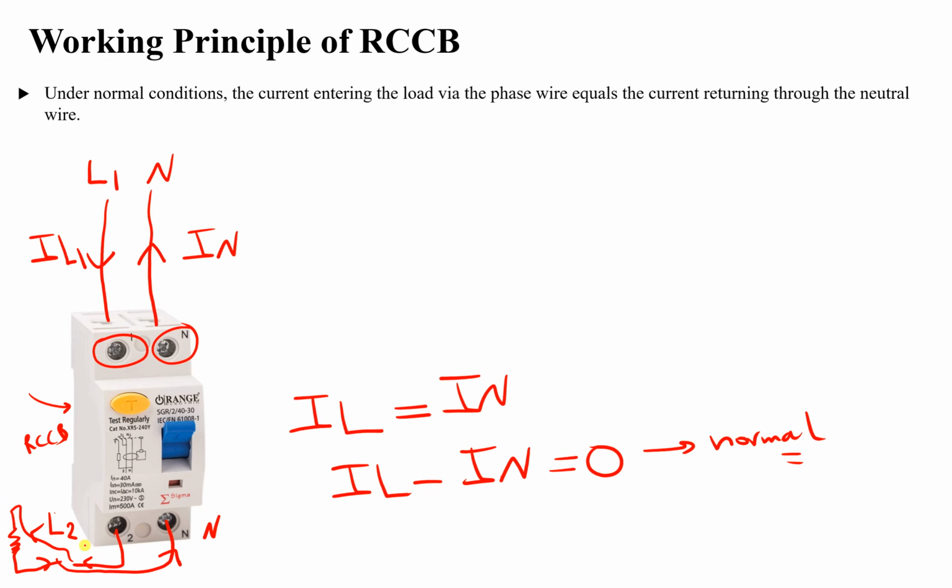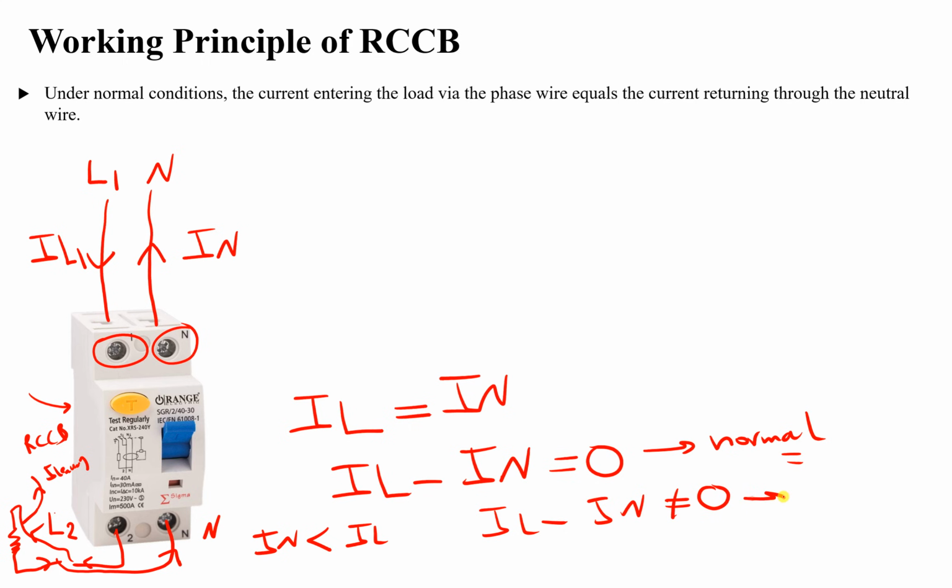So if there is a leakage current, some current goes like this to anywhere, I leakage, then you will find that the neutral current coming back will be smaller than IL. So there will be a difference. IL minus IN will not be equal to 0.